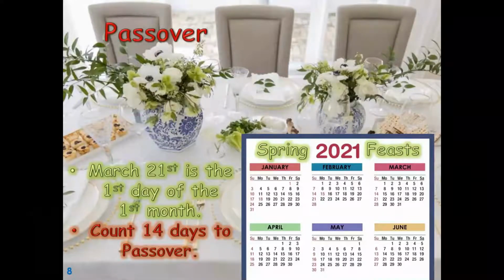And keep counting till you get to 14. Where does 14 land? The 14th day. April 3rd. I'm hearing April 3. Do we have a unanimous on this, or is it April 4? April 3rd.